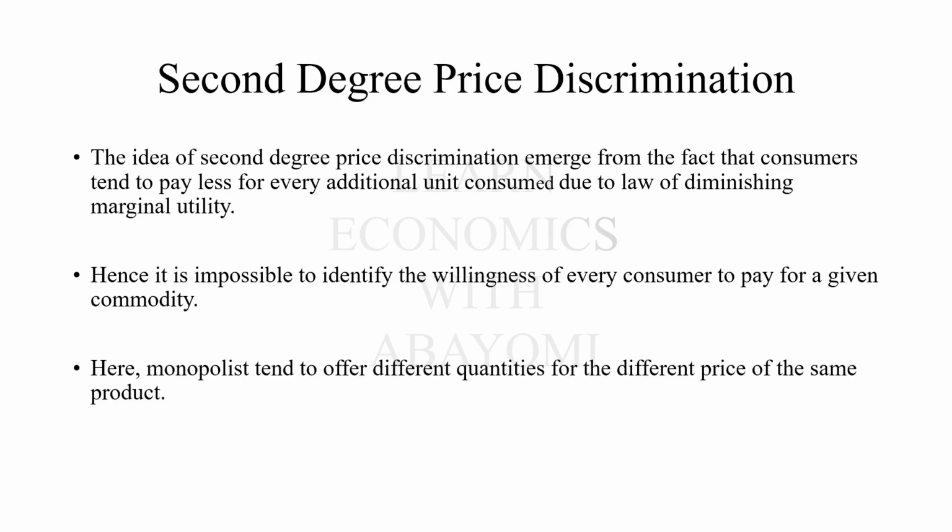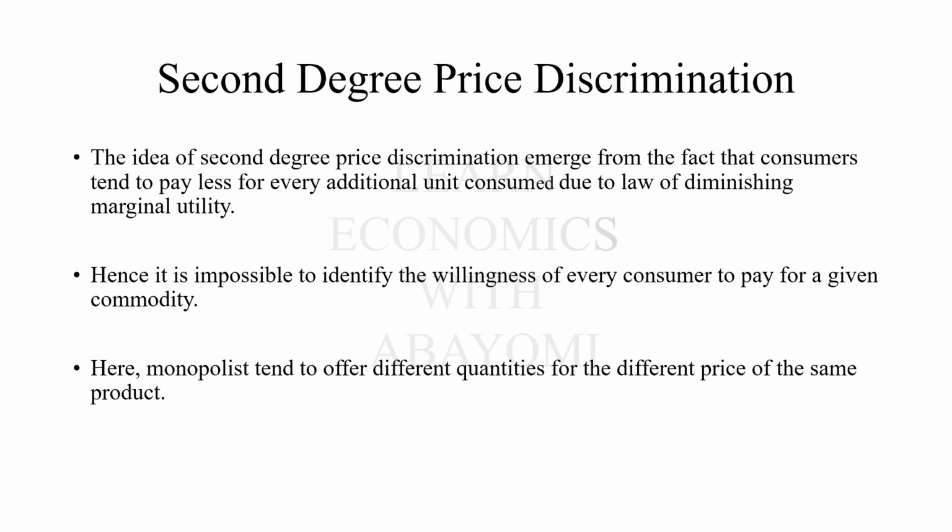Here, the monopoly tends to offer different quantities for different prices of the same product. That is what the monopolies do here. So they offer different quantities for different prices. That is what the second degree is talking about.